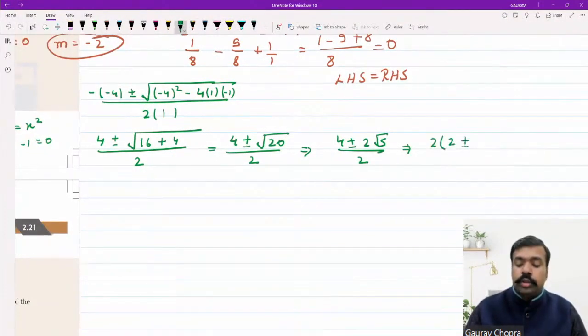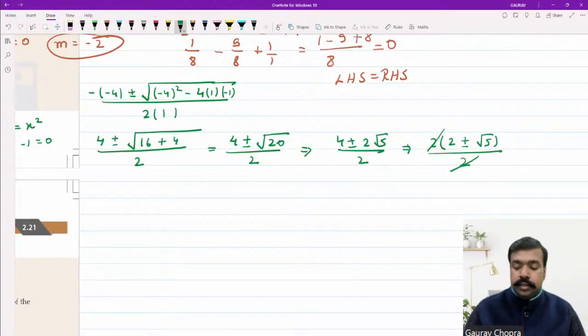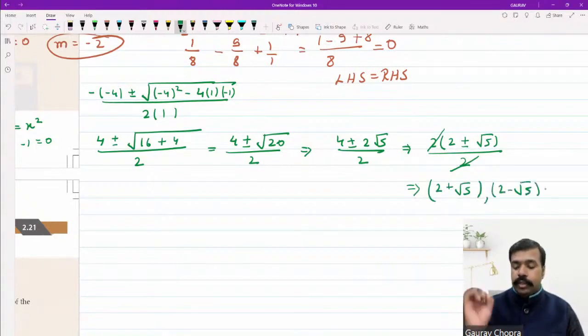So it will be 2 plus minus root 5 divided by 2. So 2 will get cancelled. So the result will be 2 plus root 5 and 2 minus root 5. So these will be the two results.